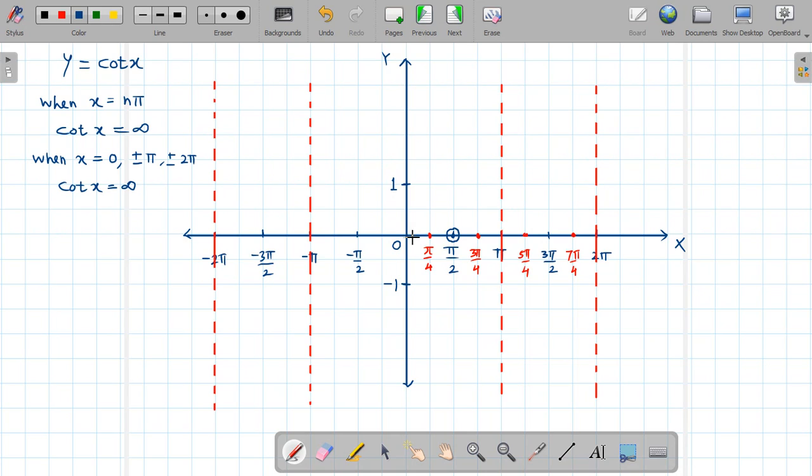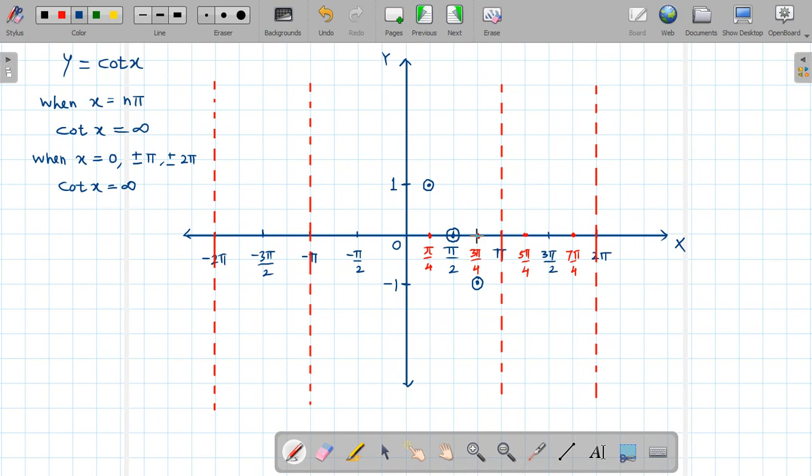We know that cot pi by 4 is 1, so we will show that known value here. Similarly, between pi by 2 and pi there is 3 pi by 4, and all of you know that cot 3 pi by 4 is minus 1.